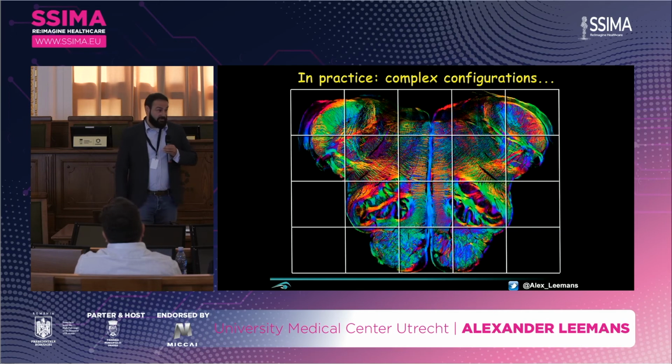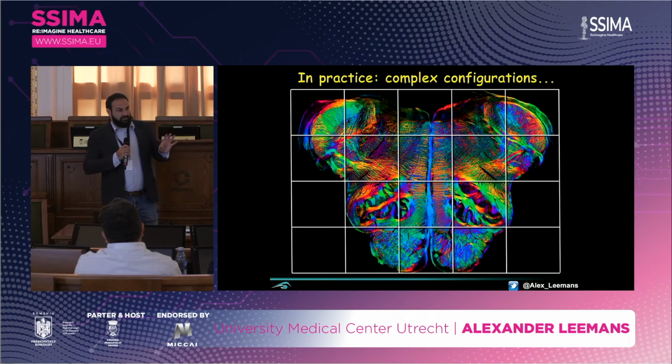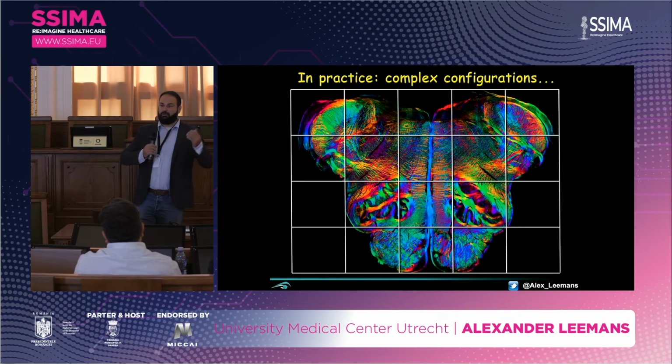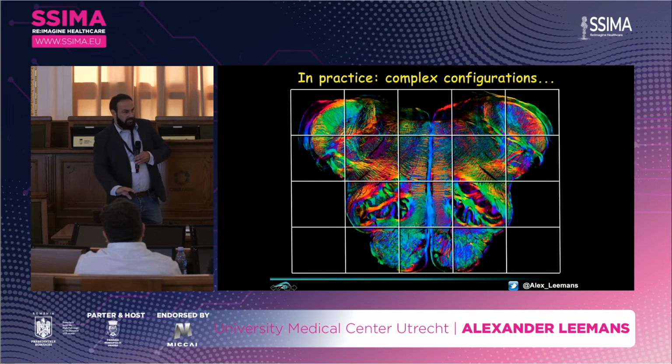These are the voxels with diffusion MRI overlaid on it. So the white squares, they represent the resolution that we have with diffusion MRI. So it's really coarse. It's like building blocks, right? And again, here the color represents orientation.